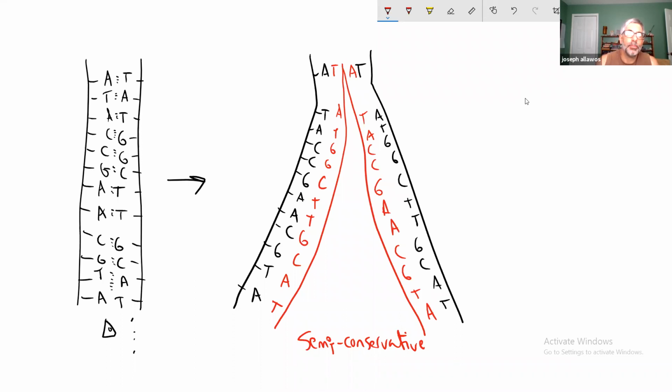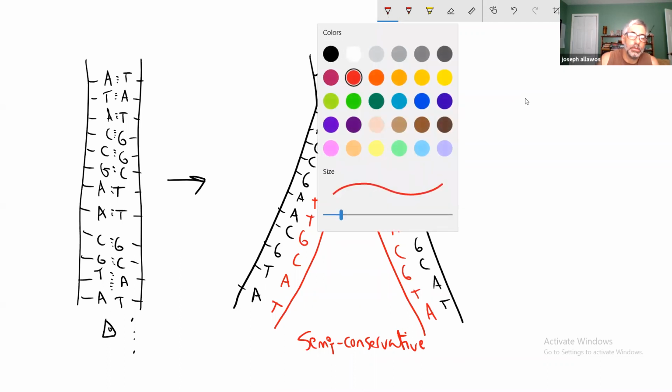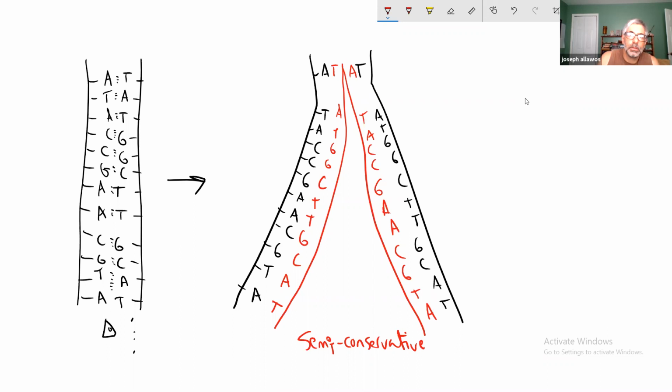So now the two replicas consist of an old side, the original side, we'll call it, and the new side, and then the same thing here. Okay, so it's semi-conservative in that it conserves the original, right?